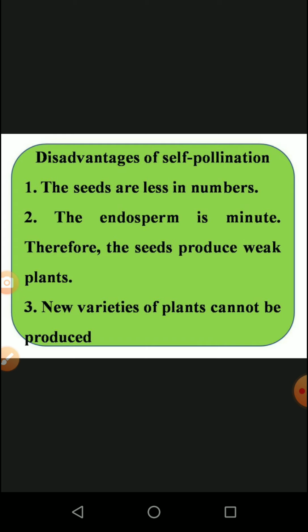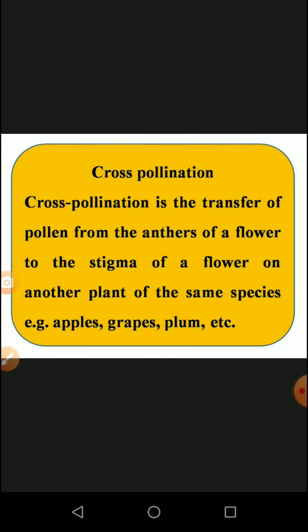New varieties of plant cannot be produced, because they produce only homogeneous plants, not heterogeneous plants. This is a disadvantage of self pollination. Now we can see cross pollination.